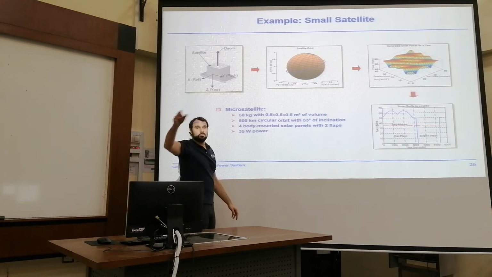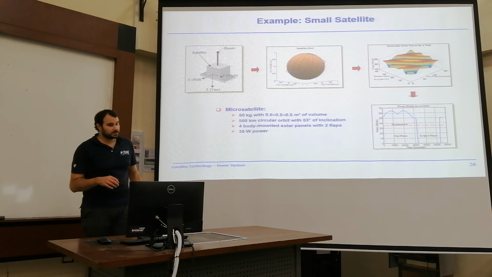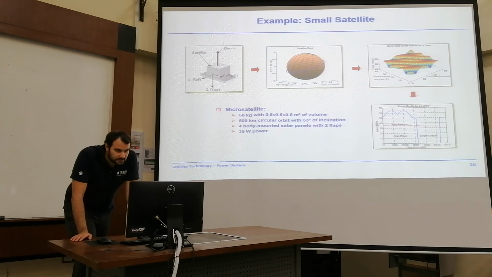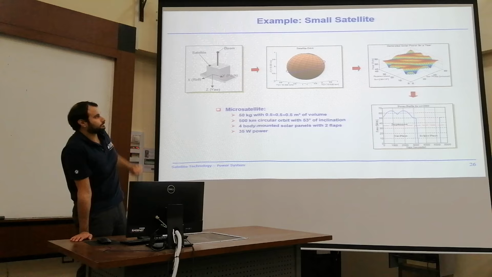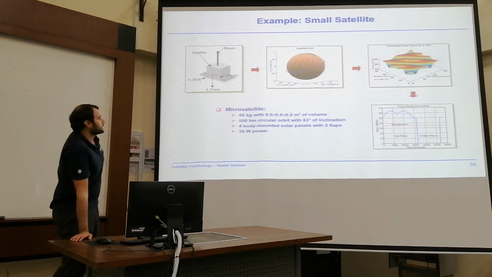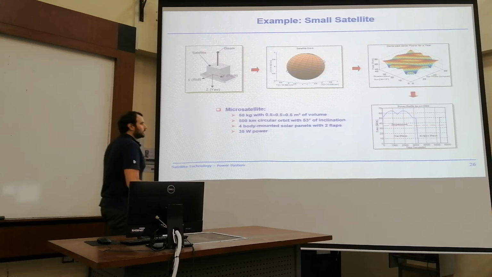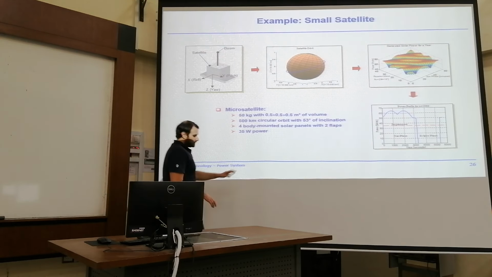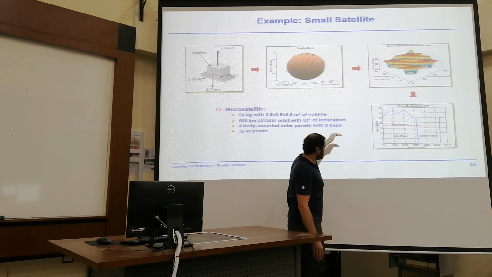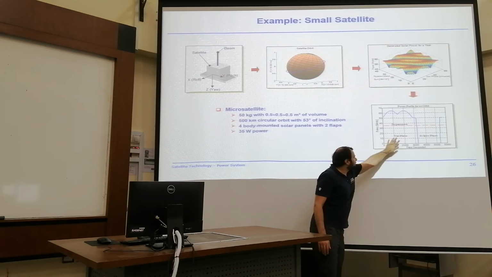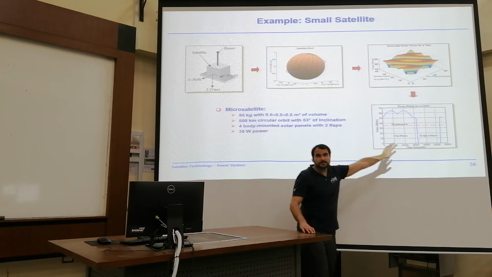It's fluctuating over the year in many dimensions, not just for the sun phase, but also for the rotation and the total power output. And you can see down here on the lower right plot, our required power is about 35 watts. And we have the sun phase and the eclipse phase.